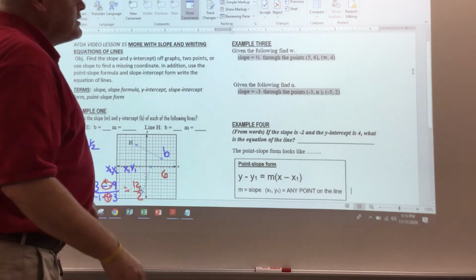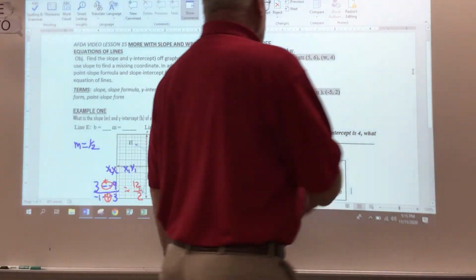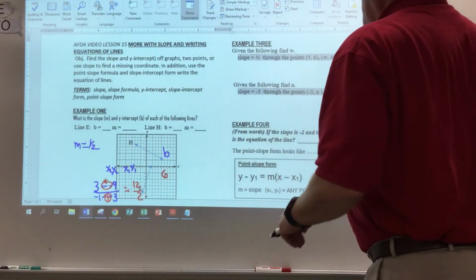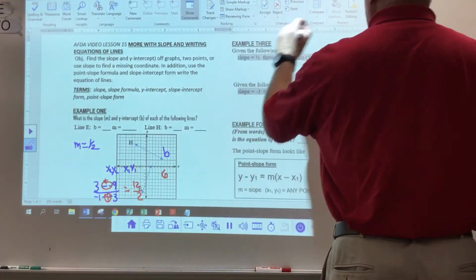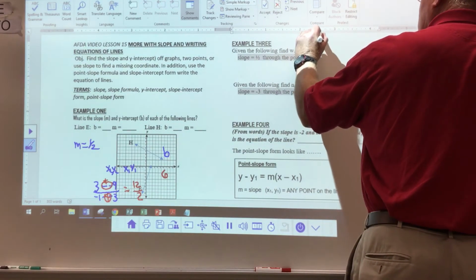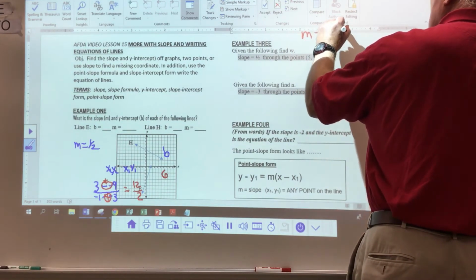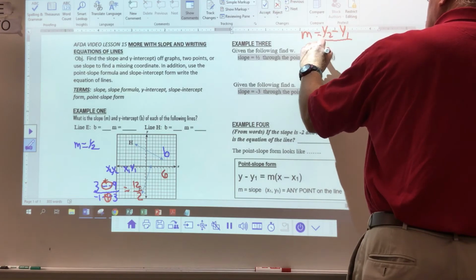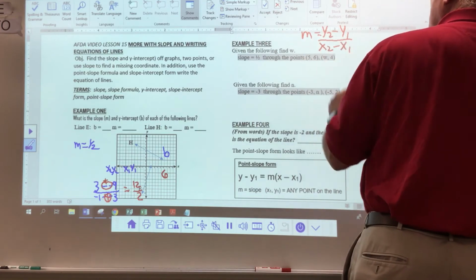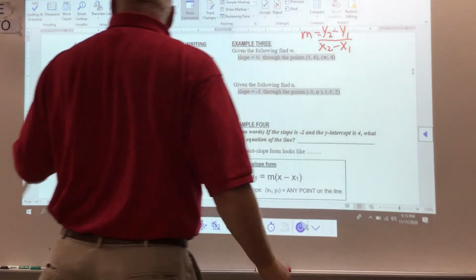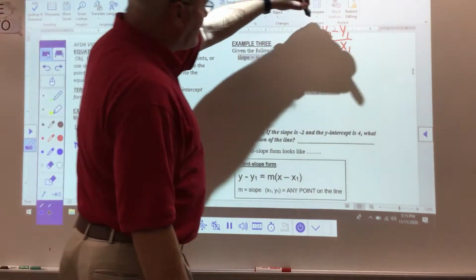Now, we just used the slope formula, and in that slope formula, we had, let's see, m equals y sub 2 minus y sub 1 all over x sub 2 minus x sub 1. And we were able to plug in all these values right here.